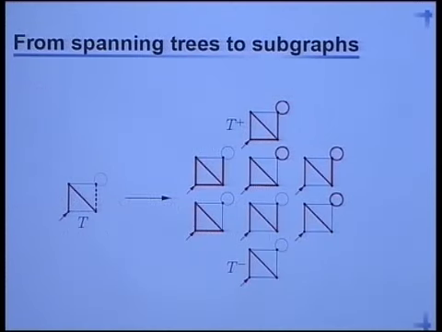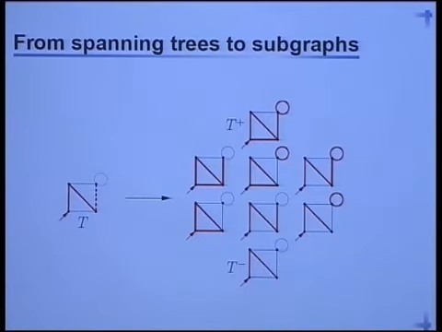So what is the construction behind it? To a tree, I will associate a set of subgraphs. These are all the subgraphs that can be obtained from T by either adding external active edges or removing internal active edges. So all the active edges, you can put or not put them into the subgraphs.